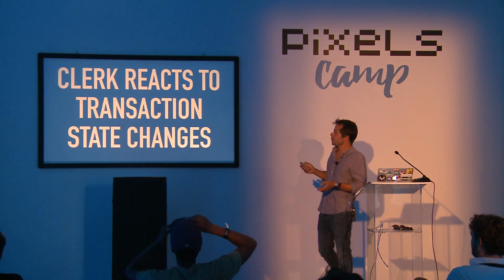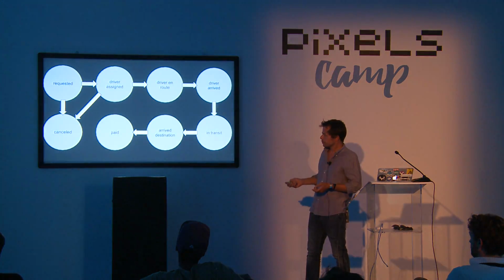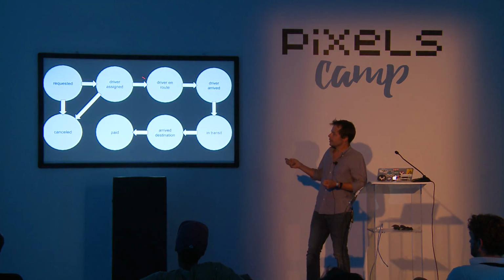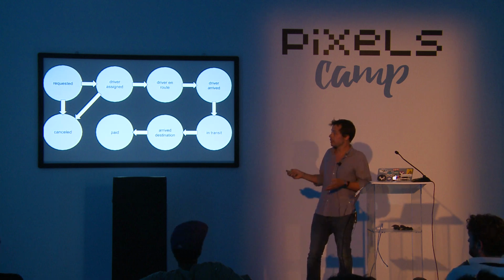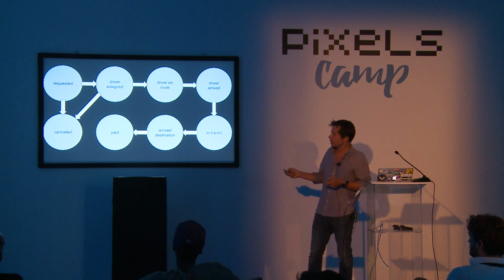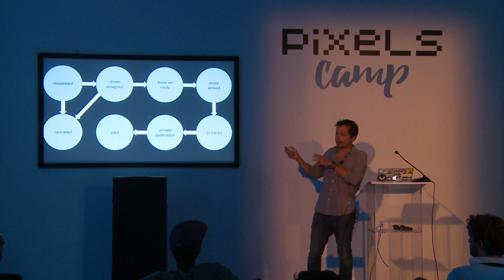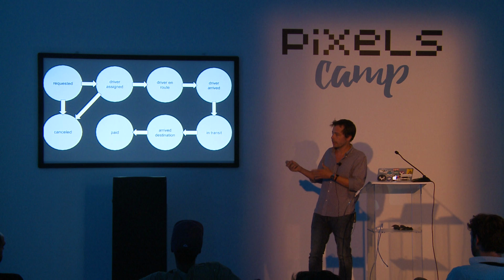So the CLERK reacts to transaction state changes. Each transaction has, you can define a finite state machine, and the transitions here are performed either on the CLERK or on the client. For instance, this is a very narrowed down example of a taxi-like application, like an Uber-like application.